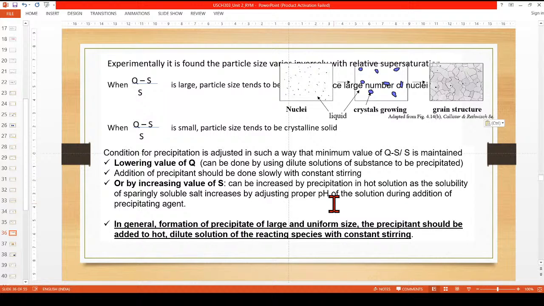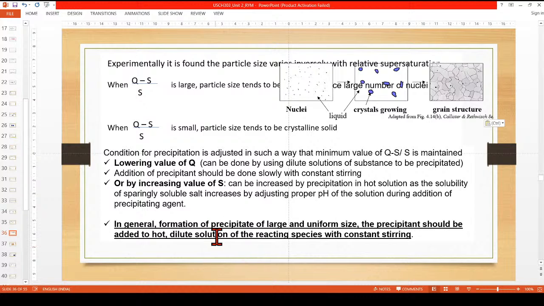If you don't adjust the pH of the solution properly, then, as we have seen many times in main group element properties, it changes. So to make it very good, just adjust pH.